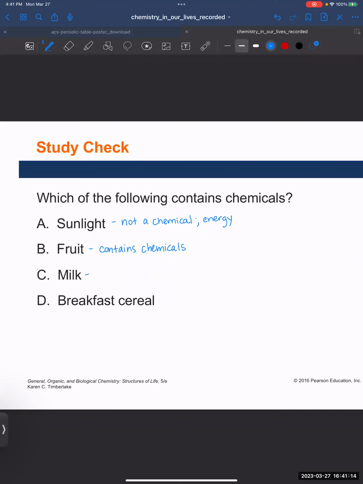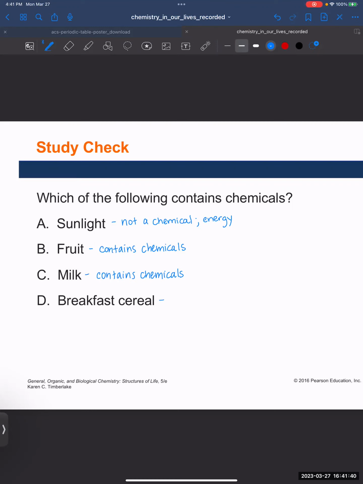Milk, hopefully you said yes, it contains chemicals. And so there's different fats in there, protein and sugars. Lactose, as an example. So that does contain chemicals.